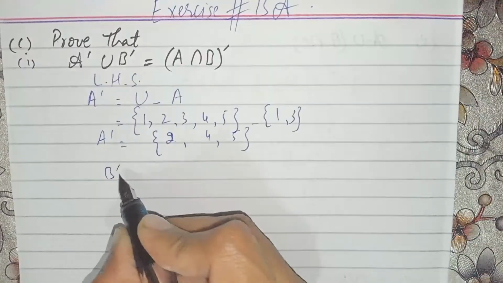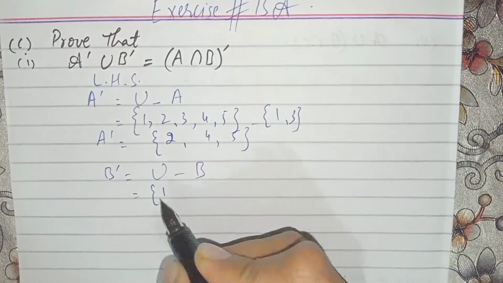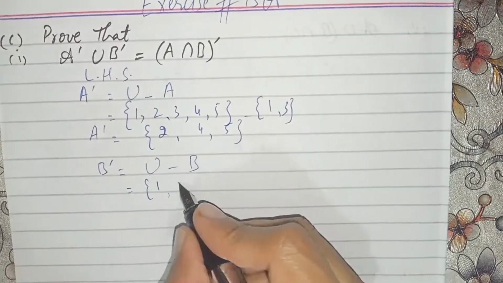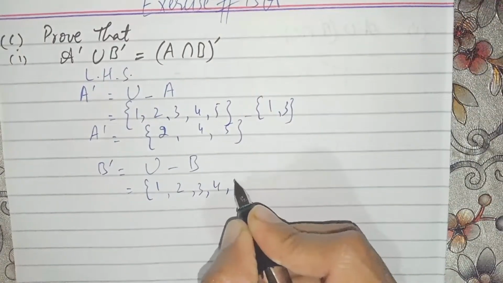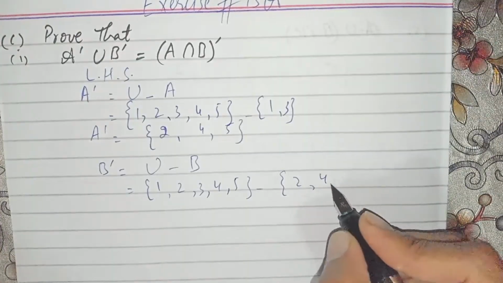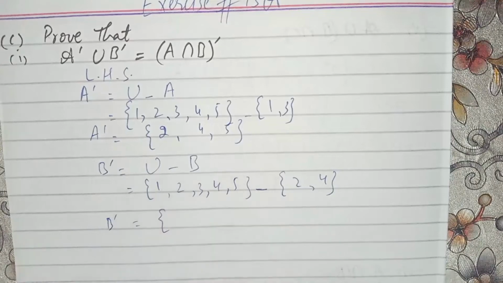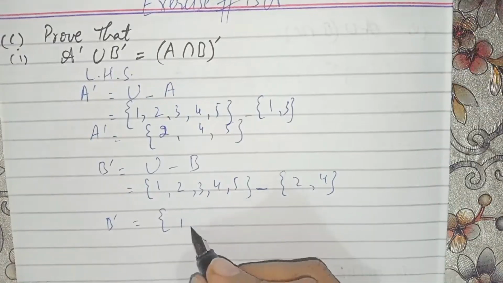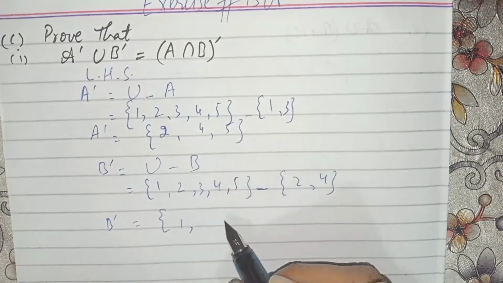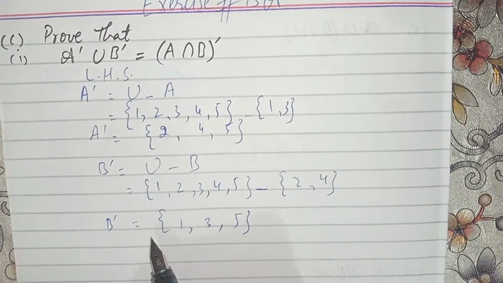Now we have to find the B complement, which is U minus B. U is 1 to 5 and B is 2 and 4. Now we write the elements which are present in U but not in B. So these elements are 1, 3, 5.